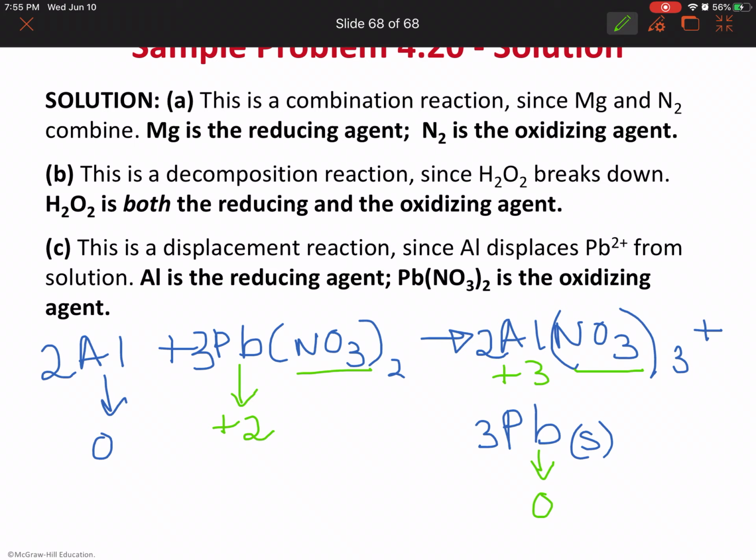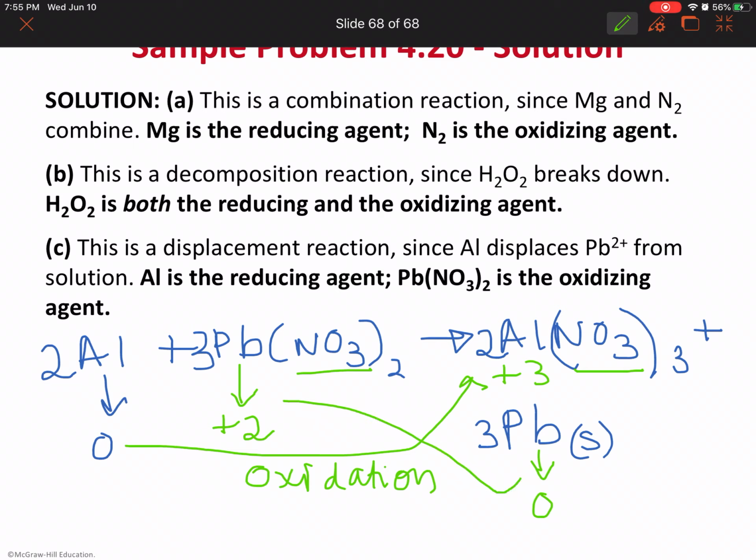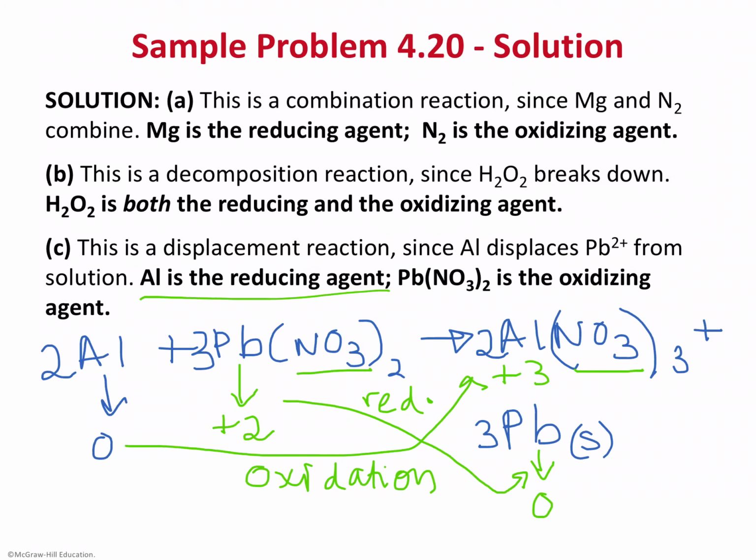So aluminum undergoing 0 to plus 3, which is oxidation, and then the lead undergoing plus 2 to 0, that is number goes down, which is reduction. So who is the reducing agent? Aluminum is the reducing agent, and then lead nitrate is the oxidizing agent because it's undergoing reduction. So that concludes our chapter 4.